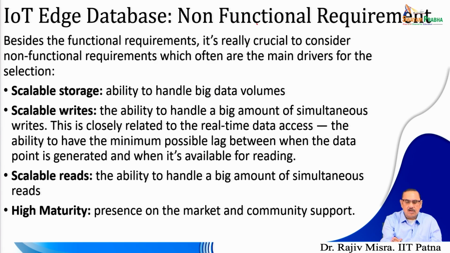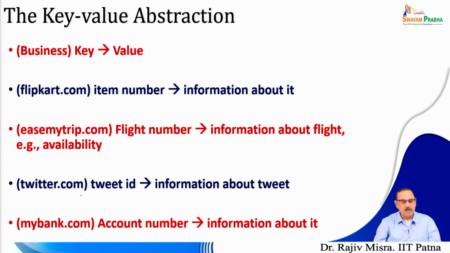So, let us see about non-functional requirements, that is crucial to consider the main drivers of these applications, such as scalable storage, scalable writes, scalable reads and high maturity. These are some of the non-functional requirements.